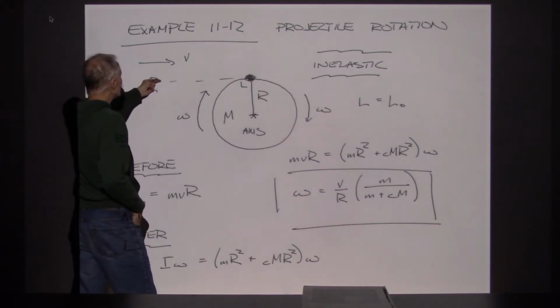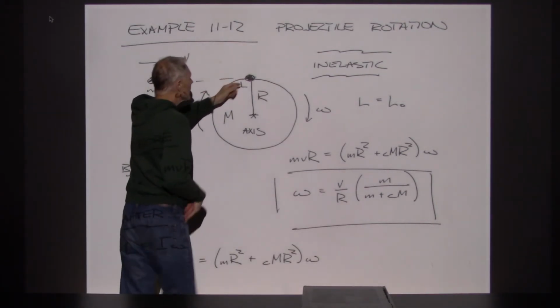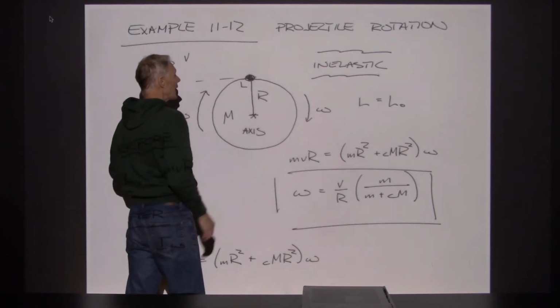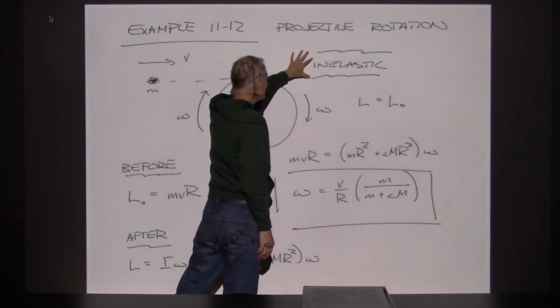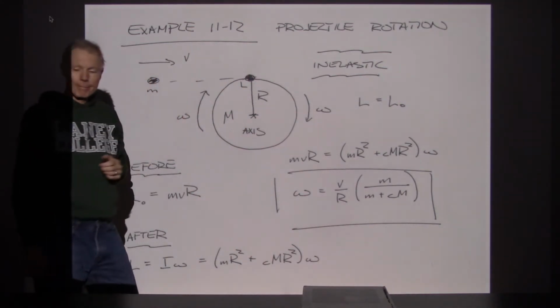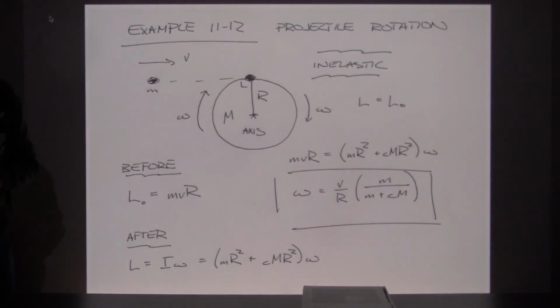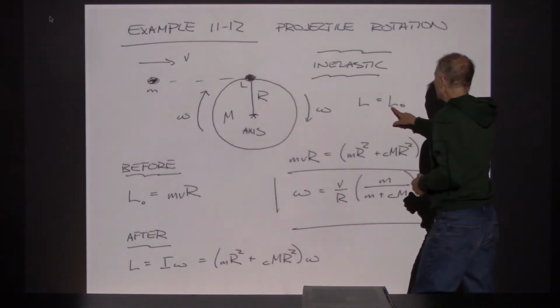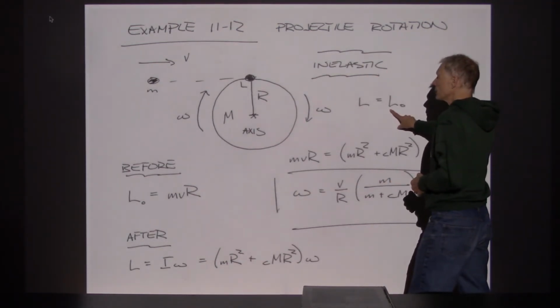Here is the object coming in, and it hits, and it puts it into rotation around that axis. Now, this is an inelastic collision, so energy is not going to be conserved. But what still will be conserved is angular momentum. We can actually work in terms of angular momentum.